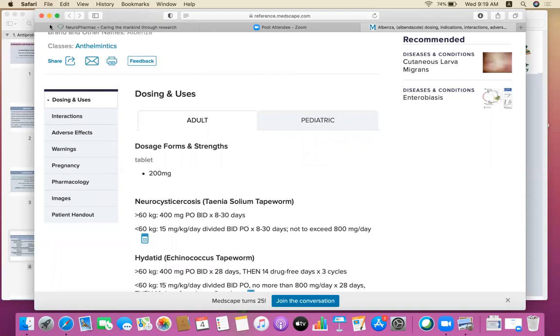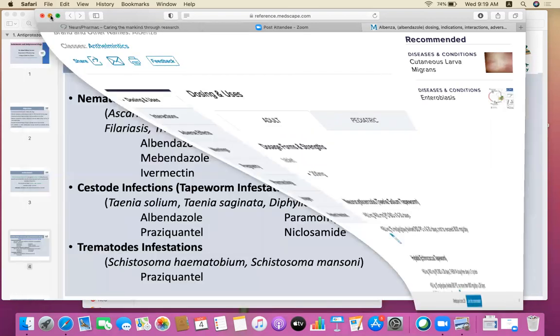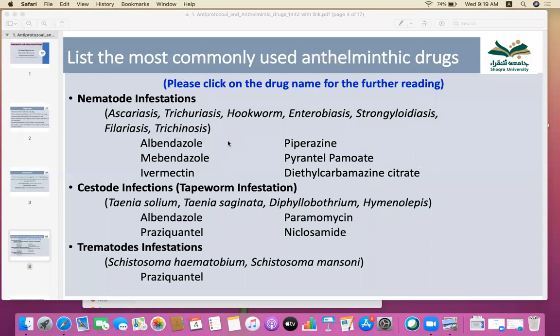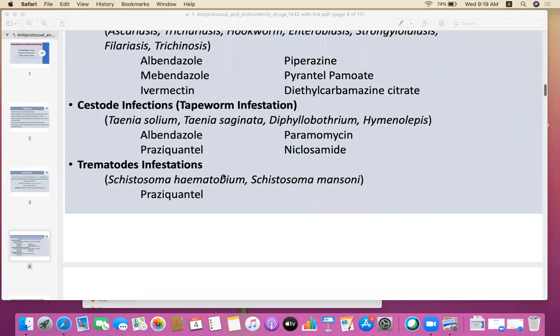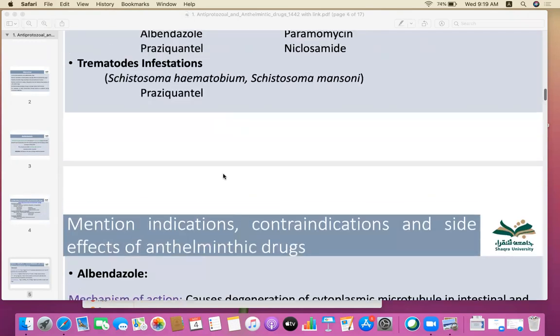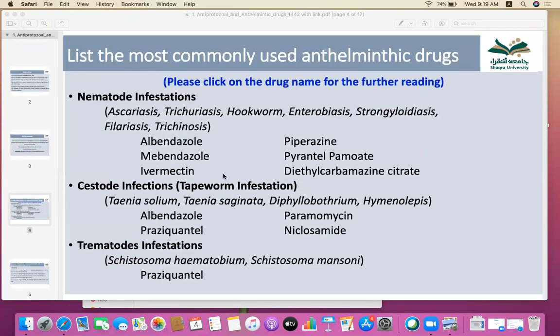This type of link is available for most of the commonly used drugs. Just click, and it is for your further reading. Let us move to the next objective, but please note that you have to click on the name of the drug, and this PDF is available as a functioning PDF.